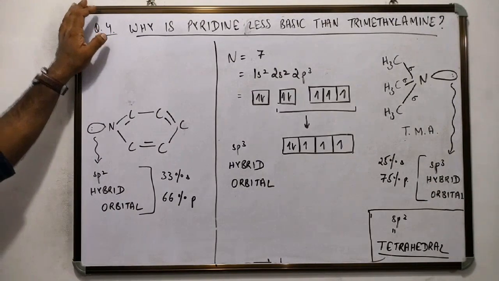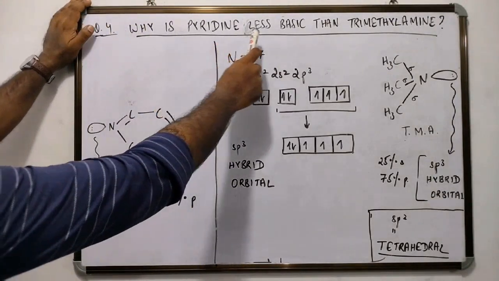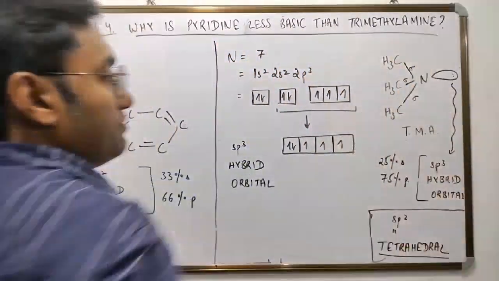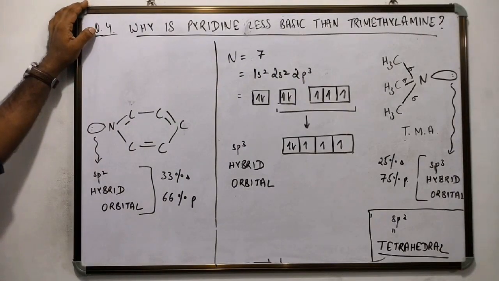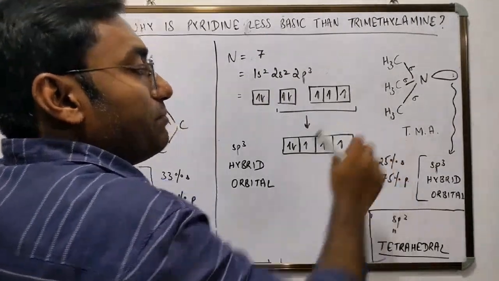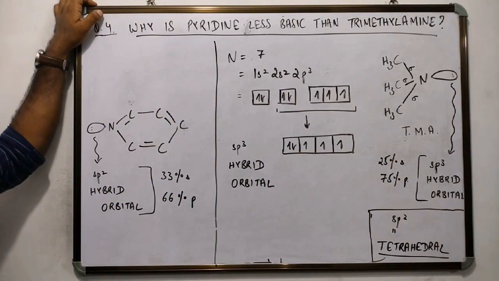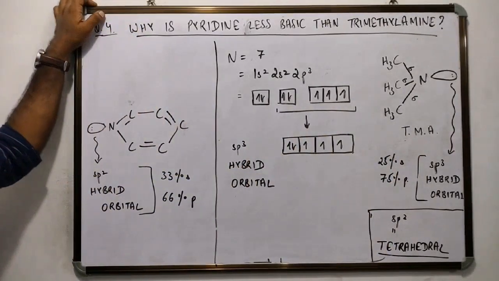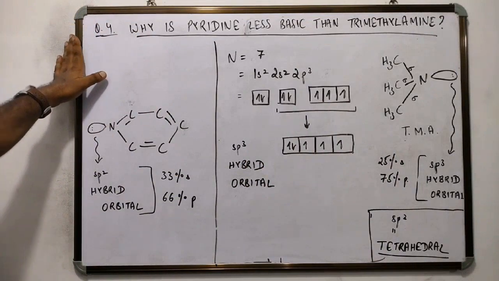Question number 4. Why is pyridine less basic than trimethylamine? To know this, we would have to introspect the structure of trimethylamine. X-ray diffraction shows that trimethylamine has a tetrahedral structure.